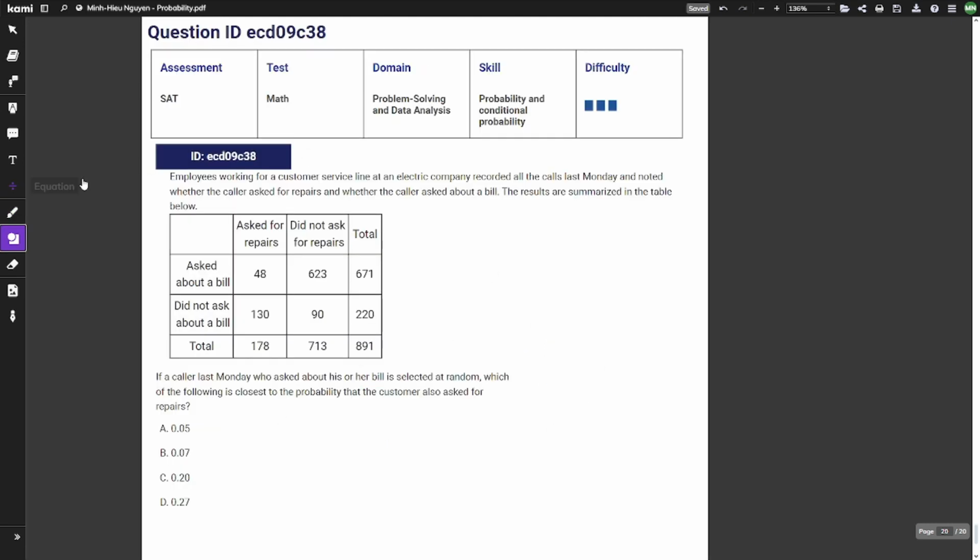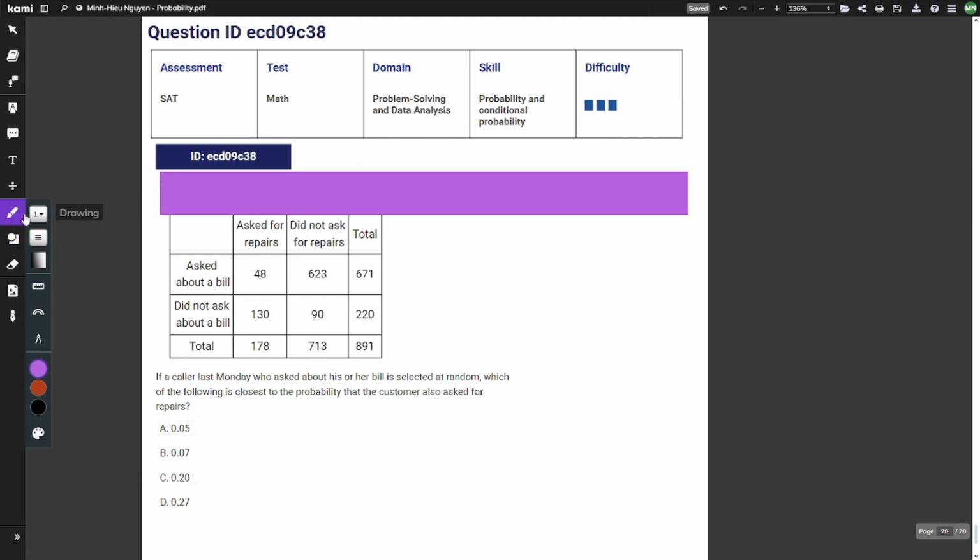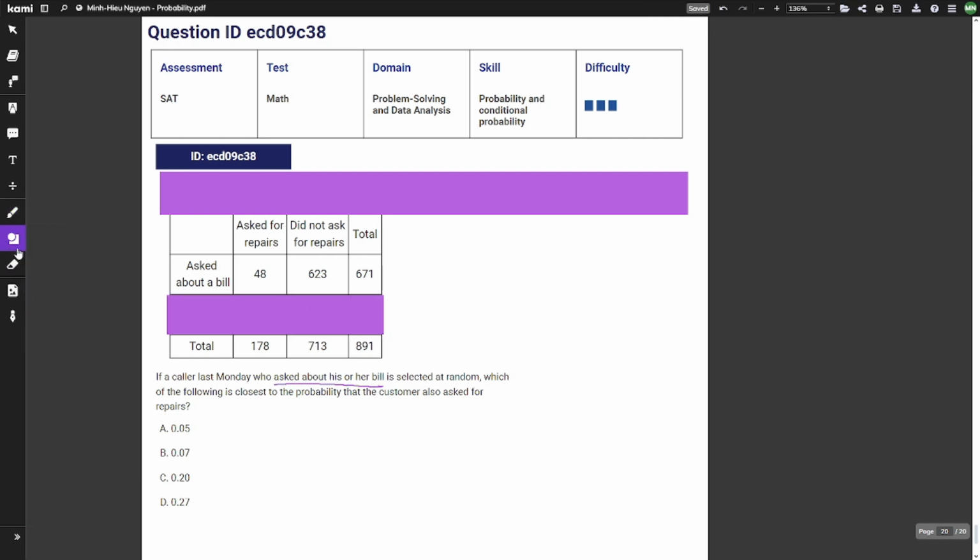Question number 20, the very last one. If a caller last Monday who asked about his or her bill is selected at random, which of the following is closest to the probability that the customer also asked for repairs? First things first, they asked about their bill, so I don't care about these people who didn't. And then they also asked for repairs, so I don't care about these people who didn't again.